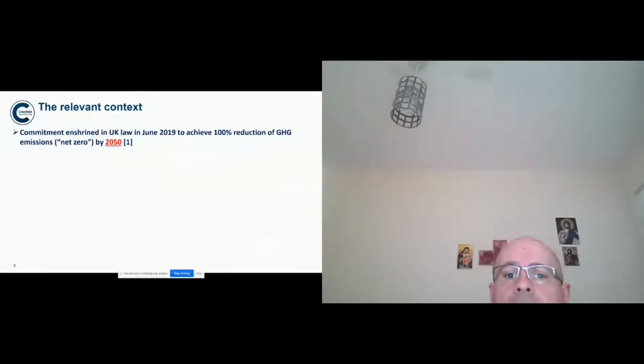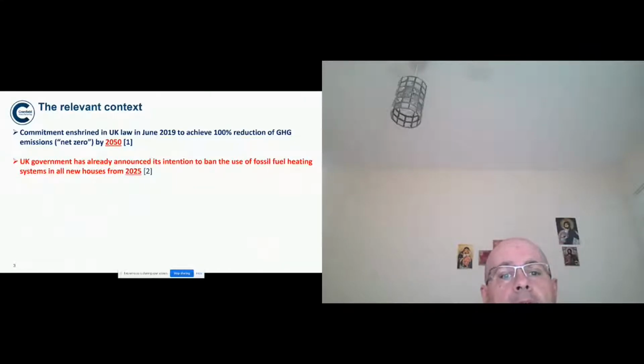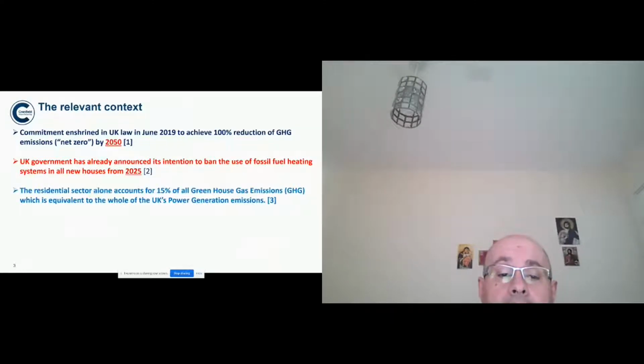The UK has enshrined in law in June 2019 to achieve 100% reduction of greenhouse gas emissions to net zero by 2050. Crucially, the UK government has also announced its intention to ban the use of fossil fuel heating systems in all new houses from 2025. The residential sector alone accounts for 15% of all greenhouse gas emissions.